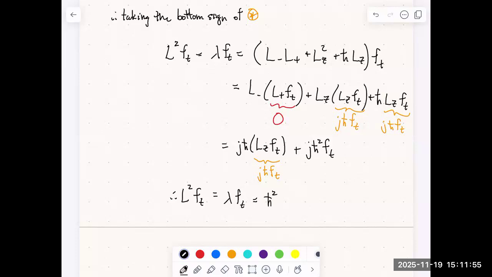Both terms have the eigenfunction. That's good. And let's see, what else do we have? We have a J squared and a plus J. So that's different.